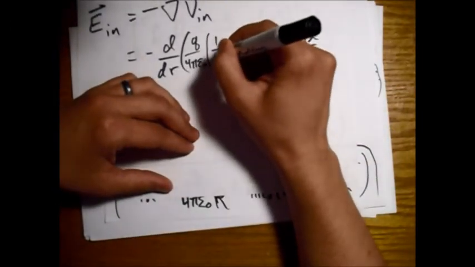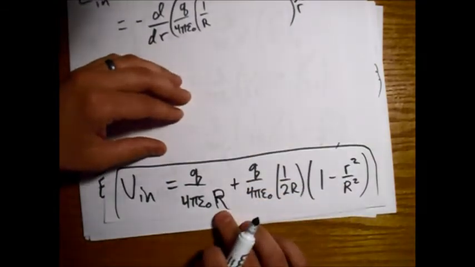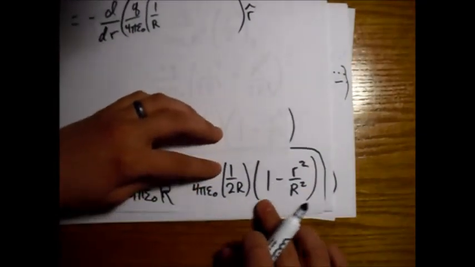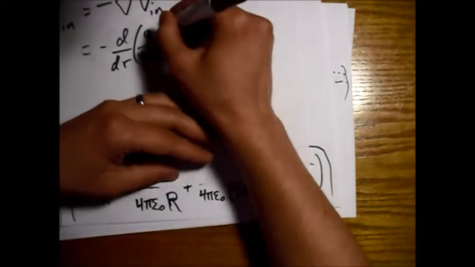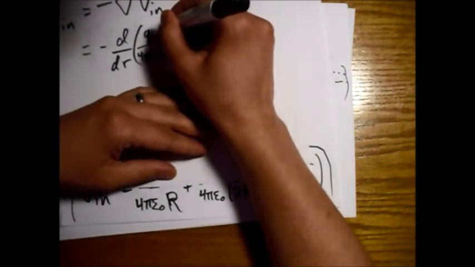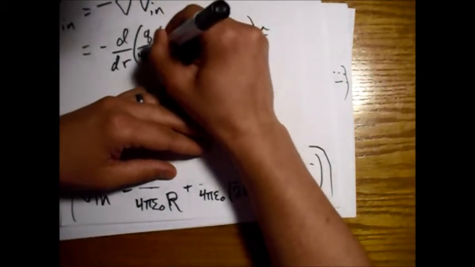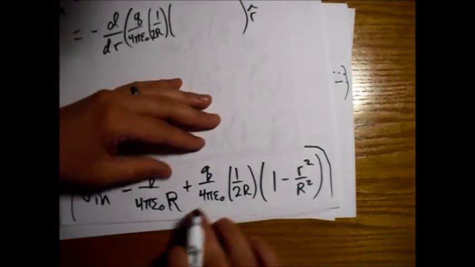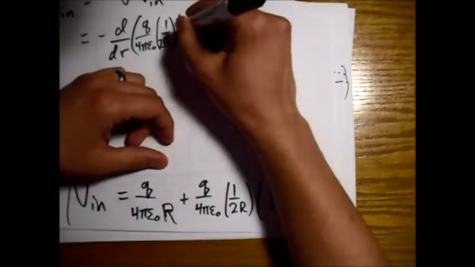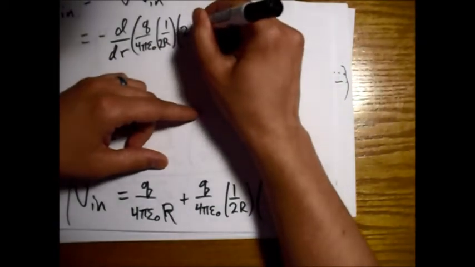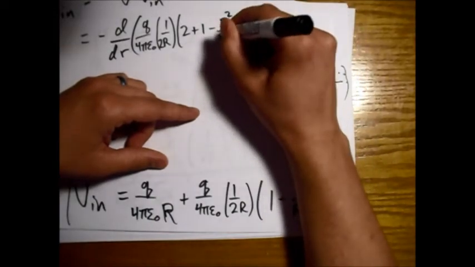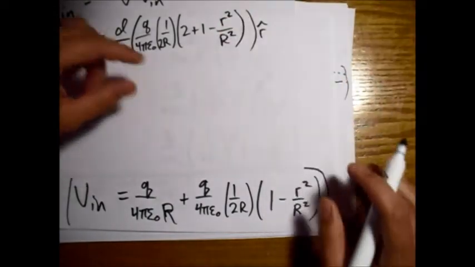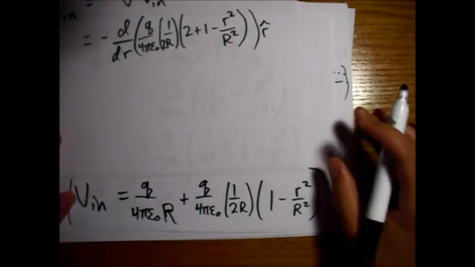So we have a 1 over R, and we'll have a 1 over 2r still factored out, right? So what do I need now? From this term, we're going to have a 2 inside plus a 1 minus the r squared over the big R. Sorry for the extra noise.